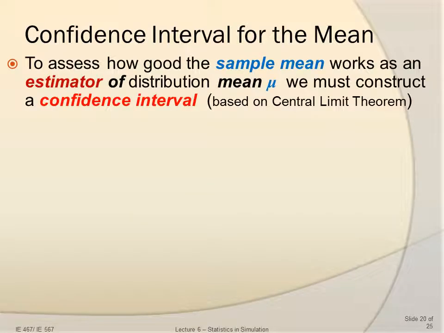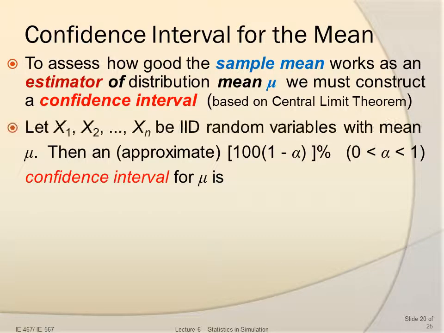So now when we look at the confidence interval for the mean, to assess how good the sample mean works as an estimator of the distribution mean mu, we must construct a confidence interval, and its construction is based on the central limit theorem. So we assume that our random variables are all independent and identically distributed with the mean mu.